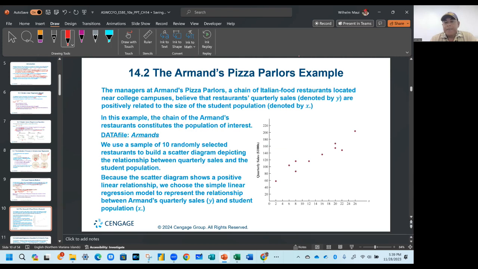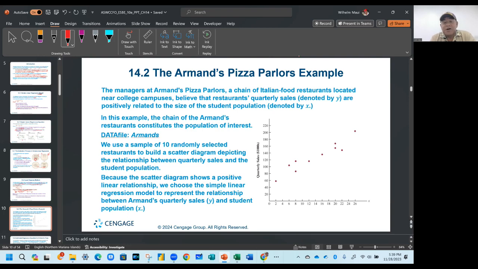Okay, so let's take on the example. That's the theoretical understanding that we need to have. And to solidify our understanding of what that simple linear equation does, we look at a specific example.